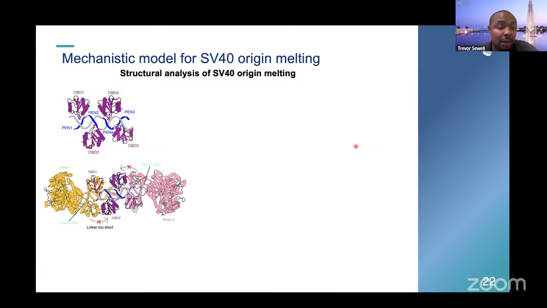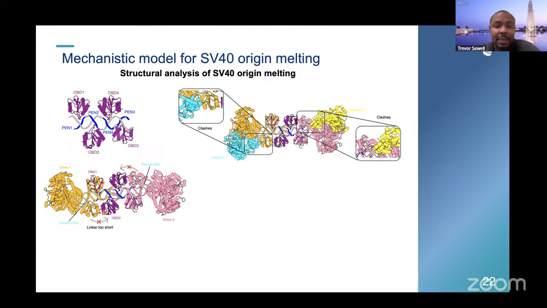But when we align the crystal structure of the dimer from the 2 ends, what we see is that as you start nucleating monomer upon monomer, once the second monomer binds, the OBD cannot reach its second binding site. So meaning only one OBD can be bound when you start nucleation.